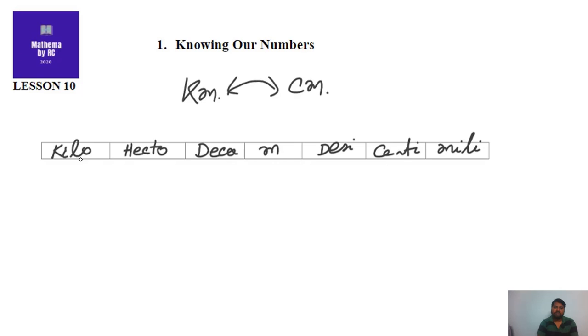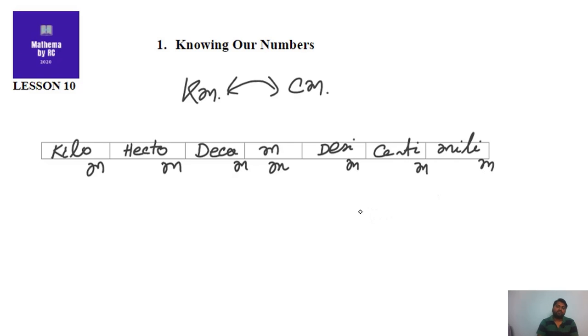That means kilometer, hectometer, decameter, this is meter, decimeter, centimeter, and millimeter.